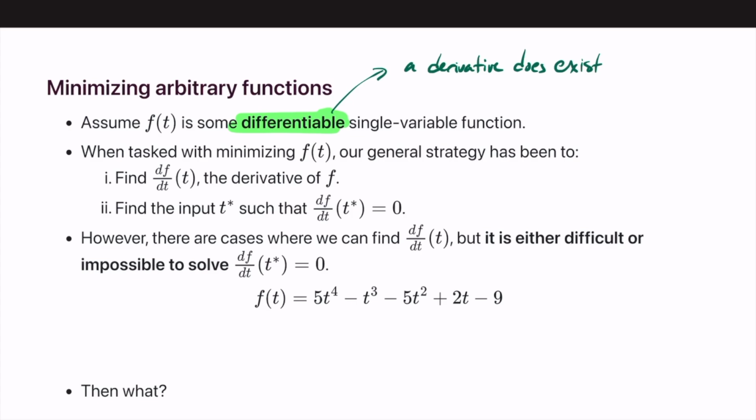If we can assume that it's differentiable, then what we can do is set the derivative equal to 0 and solve for it. And that works pretty well.